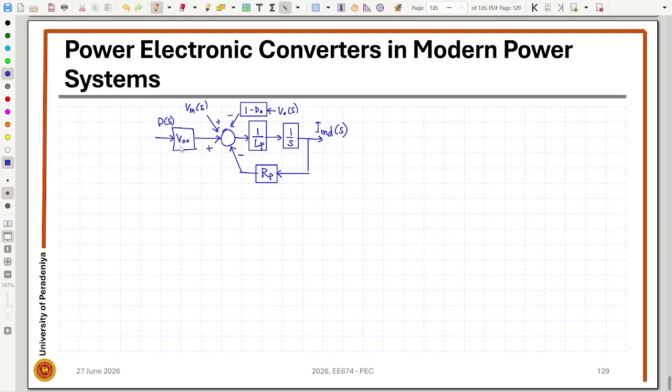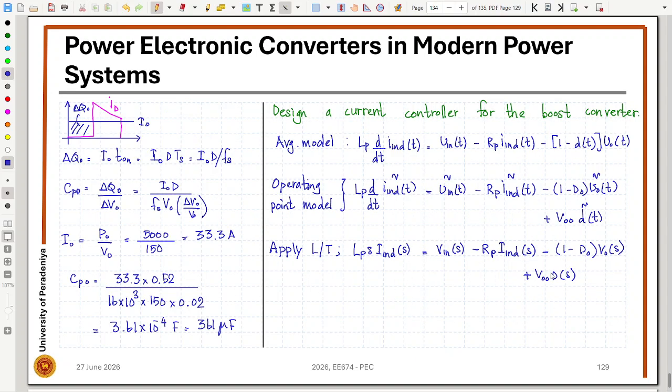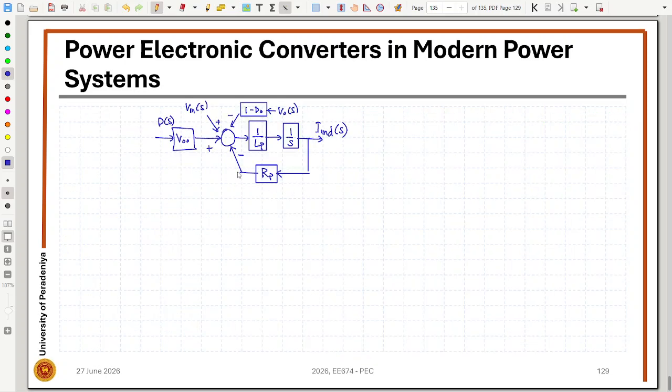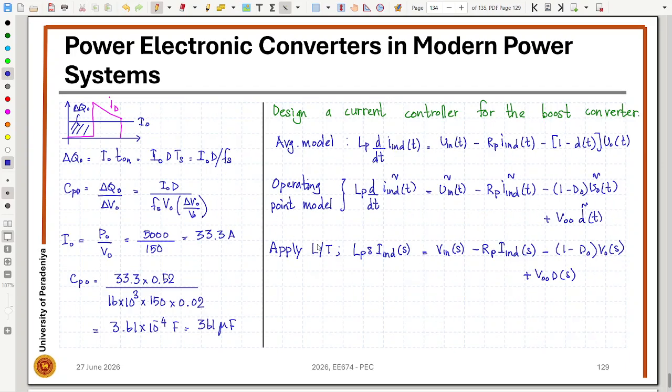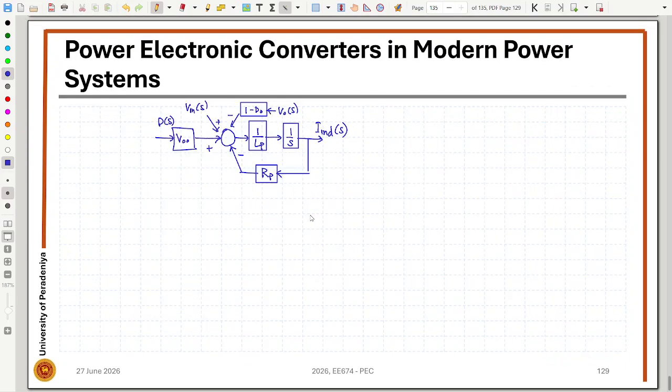We have v out d(s) minus Rp i inductance minus (1 minus d naught) v out. So that's the feedback, and we have the v in, which I presented here, and then we have the left hand side component. Now we can develop the controller.